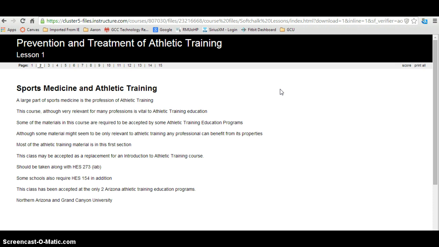So the name of the class, Prevention and Treatment of Athletic Injuries, is a mold of both the profession of athletic training and just general sports medicine, which includes any profession that practices sports medicine. A large part of sports medicine is athletic training.